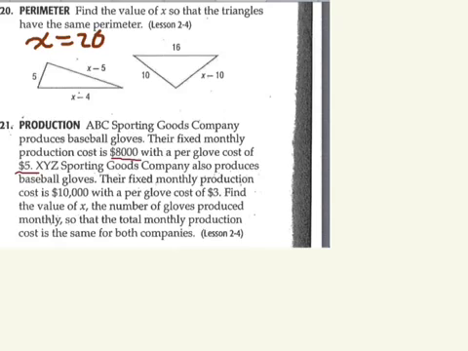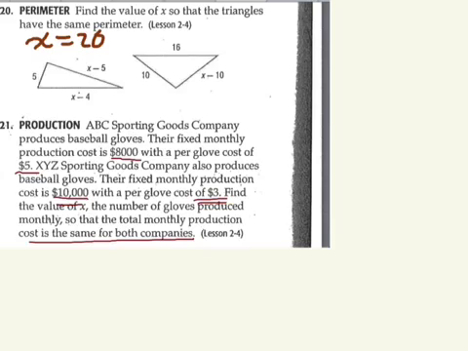And then the other company has $10,000 monthly production costs, and then an added $3 per glove. And so we're going to find when they're both the same, for what value of the number of gloves produced.